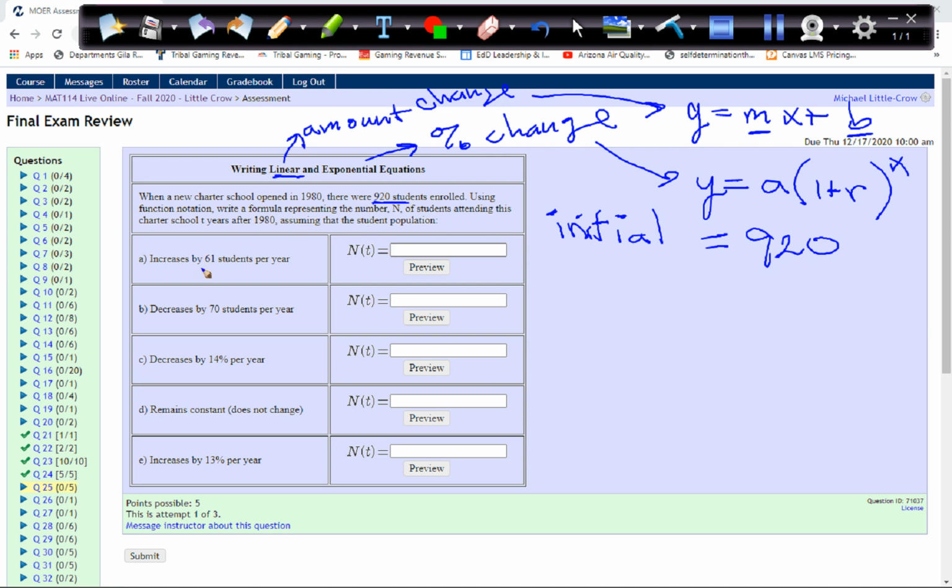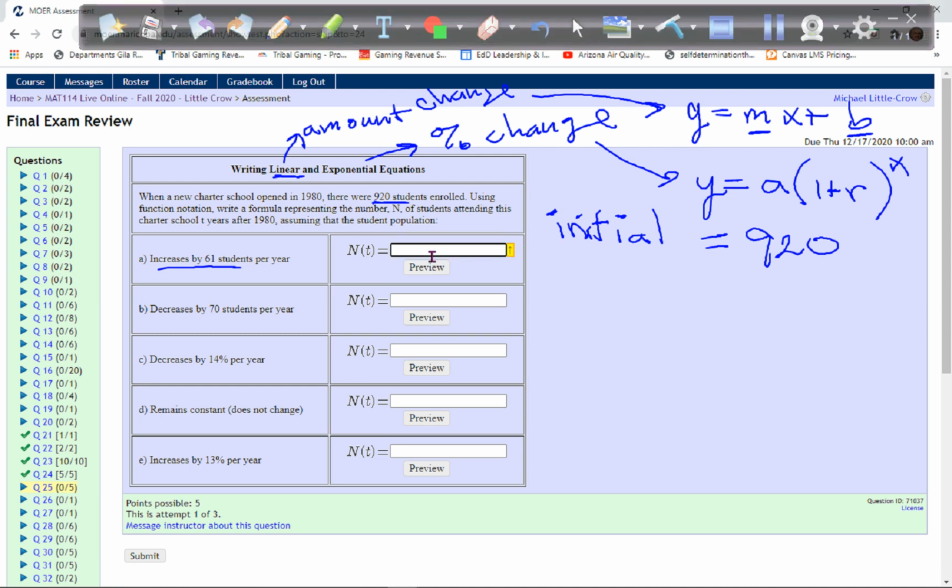And then we're going to write a formula. If we're increasing by 61 students per year, that's an amount of change. That's our slope, 61 every year. So we're going to put in 61 times the variable, which in this case is t rather than x, plus what we started with, 920.